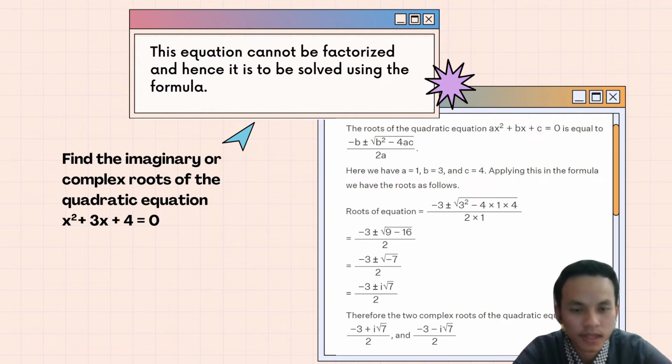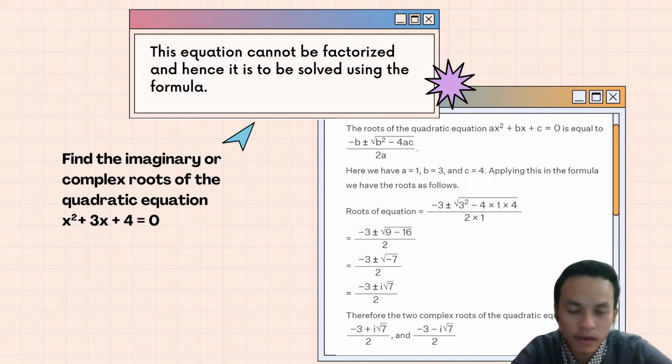So we must separate the square root of negative 7 into the square root of 7 times the square root of negative 1. So we will get the answer negative 3 plus minus i square root of 7, all over 2.